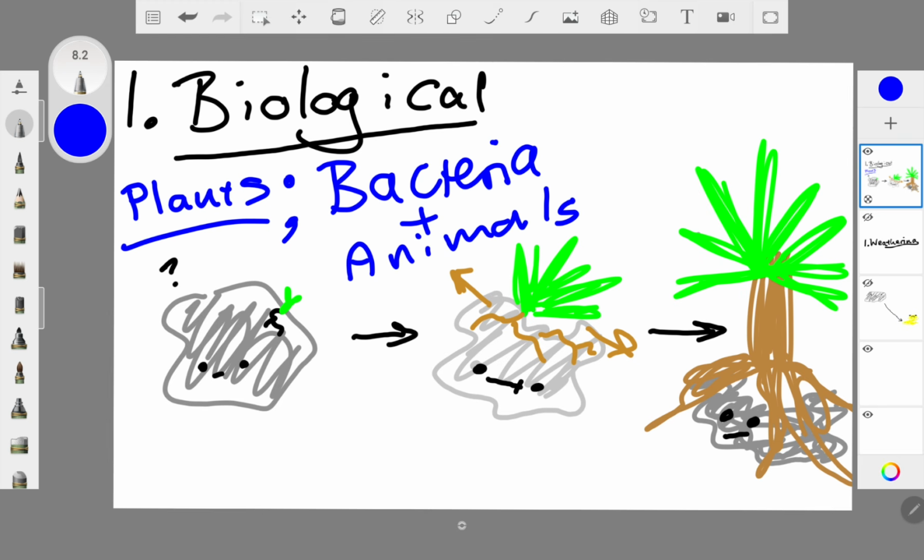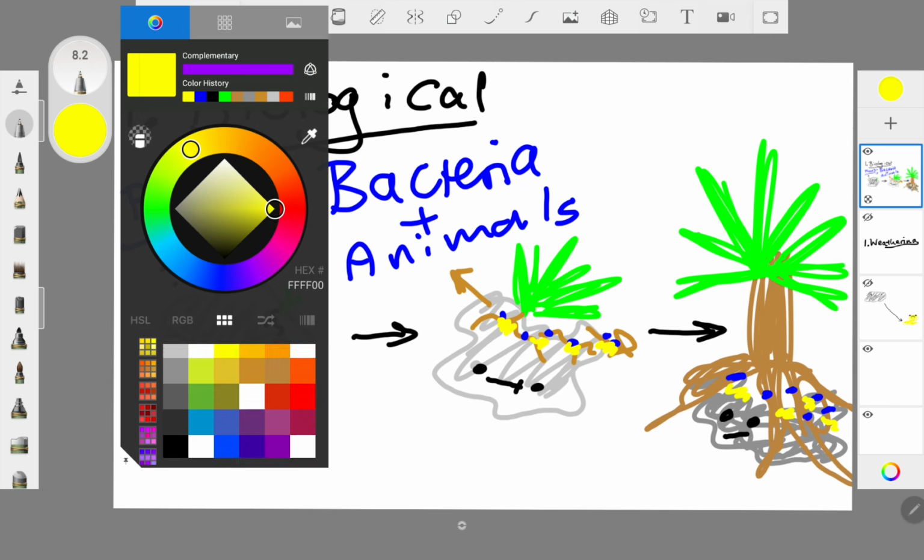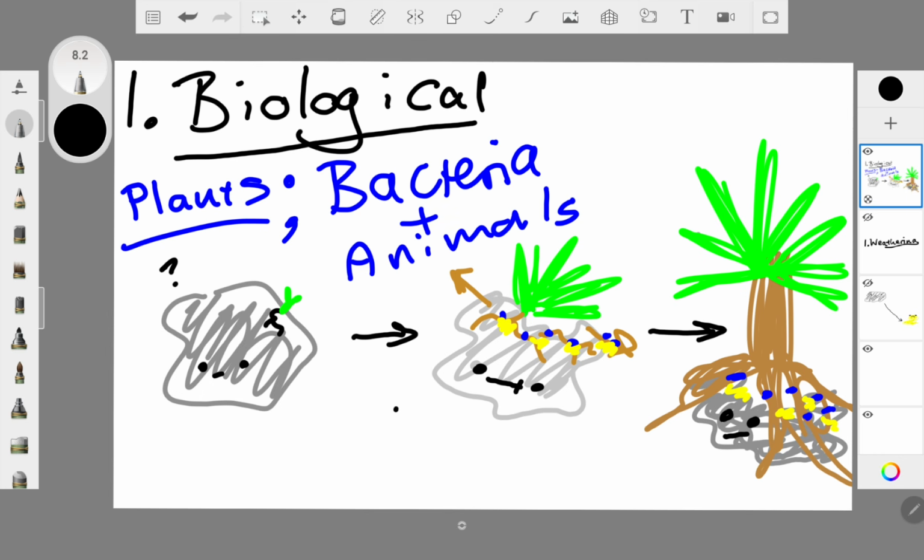So, bacteria living on the plant's roots will also produce chemicals that break down rock for food. They will help speed the process up. And as well as the bacteria, we could also have little animals.